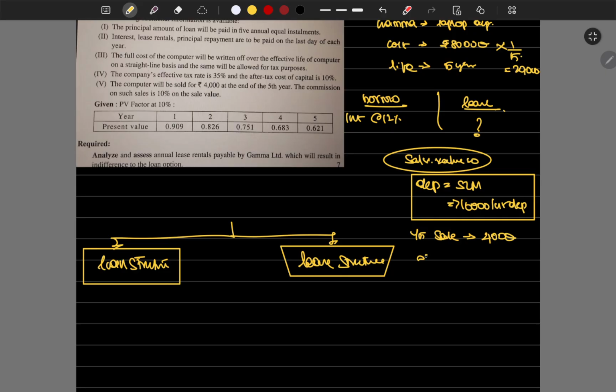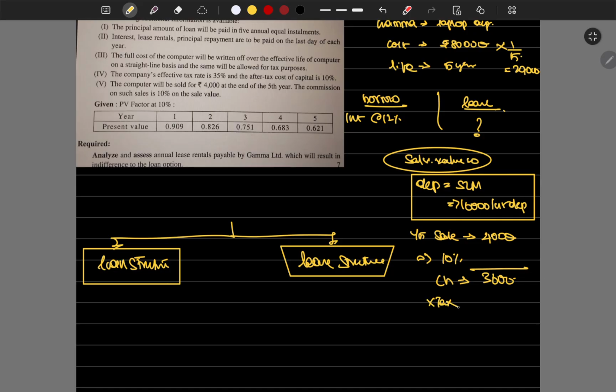And then commission on such sales is 10%, minus 10%, 3,600. And then we have the LTCG. Since there is no book value, the entire amount will be the capital gain.